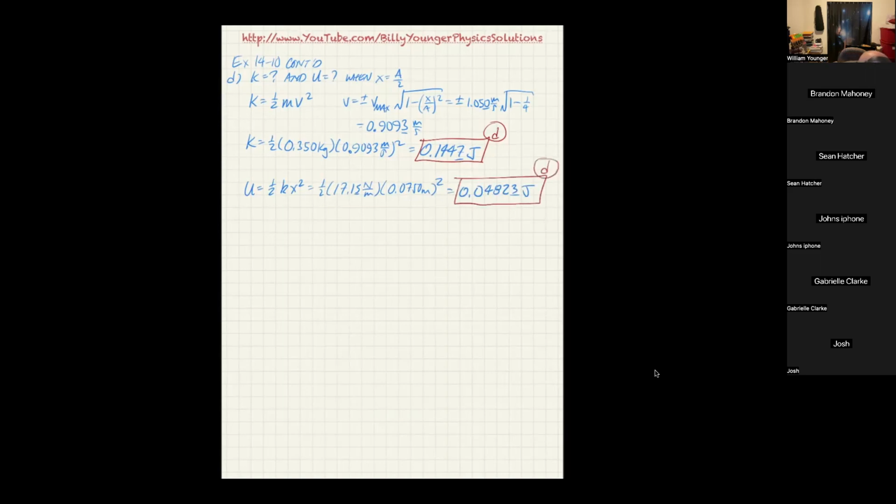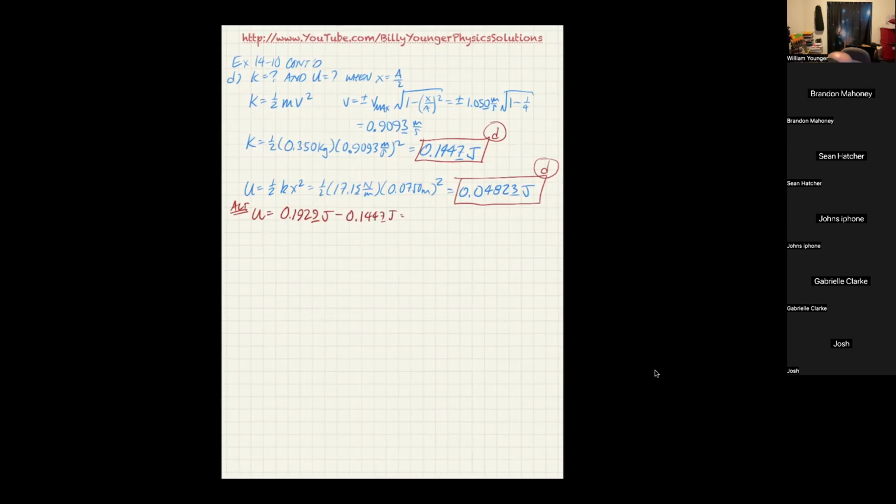But like I said, we could have also said U is equal to, I'll call this alternate, 0.1929 joules minus 0.1447 joules.